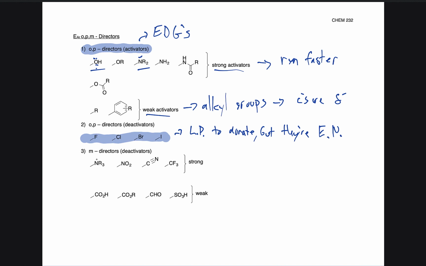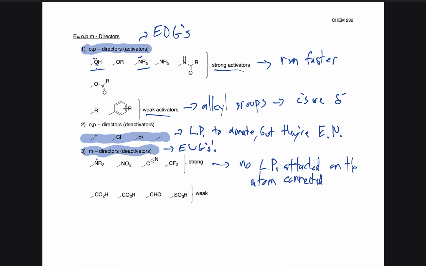And so our last list here are the meta-directors. So these are the electron withdrawing groups. Right, and so here we have the groups that have no lone pairs on the atom connected to benzene, and they're partially positive, just like we saw with CF3 here, right?